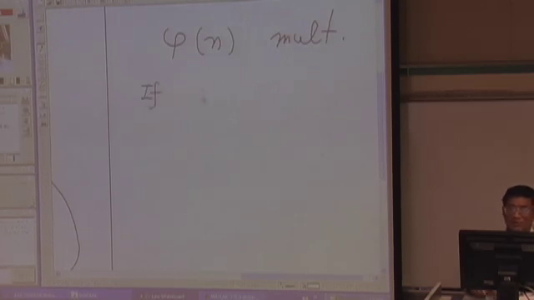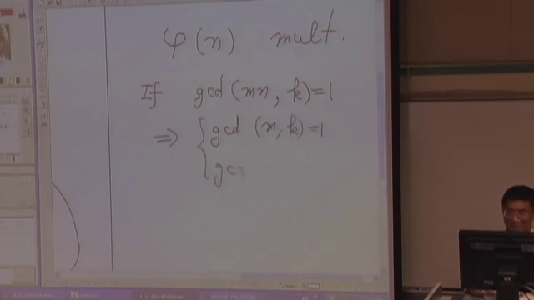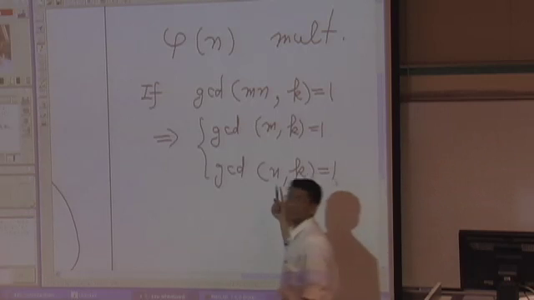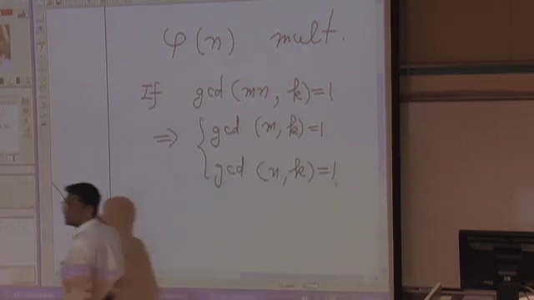If the GCD of m and n is 1, and GCD of m and k is 1 and GCD of n and k is 1, you can use this fact to prove it. You don't have to prove this fact. You can use this statement.